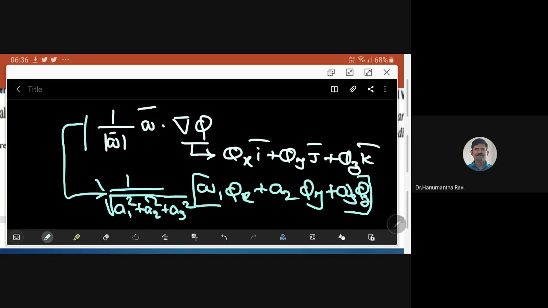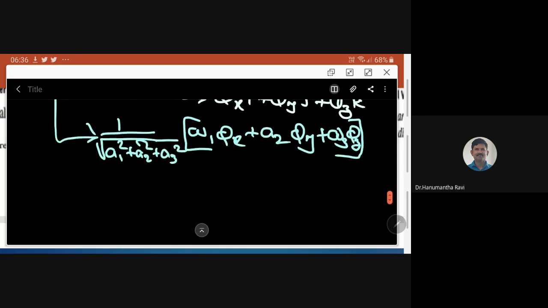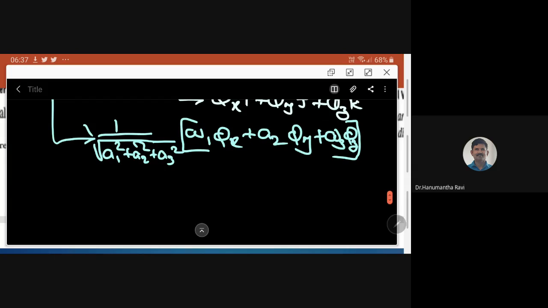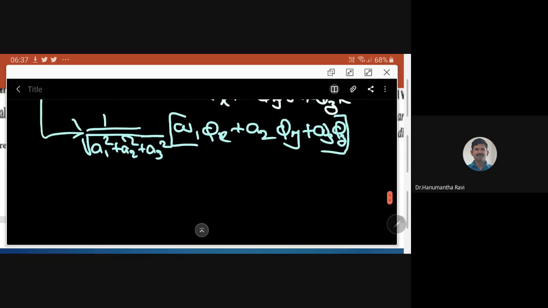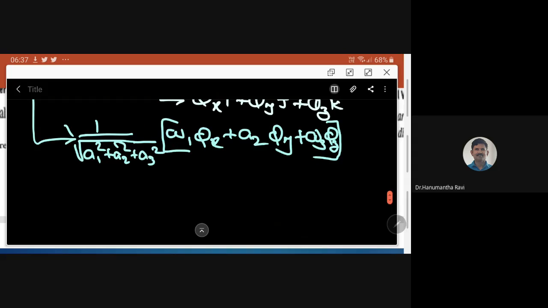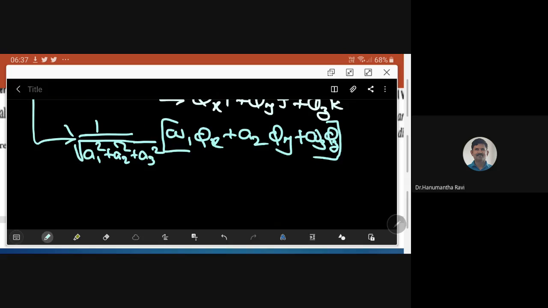Okay, but we want to calculate the directional derivative at which point? At capital A. So wherever you have, in this expression involving x, y, z, in place of x, y, z, what do we need to substitute?